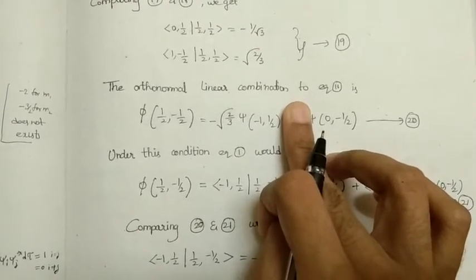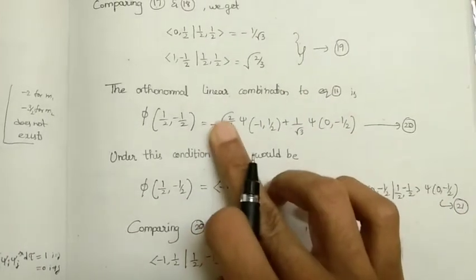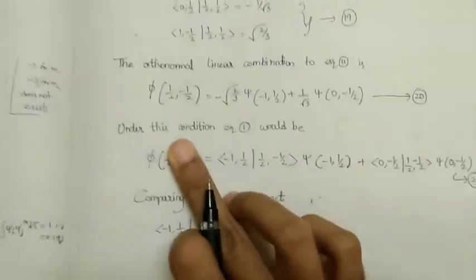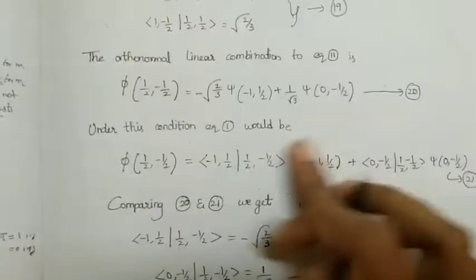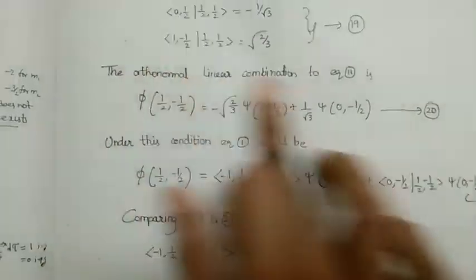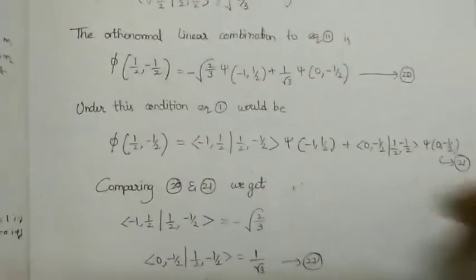So in order to get 0, a minus sign should be there. So this is the appropriate orthonormal equation. If we multiply both equations and integrate over theta, we will get 0. This is the orthonormality condition.